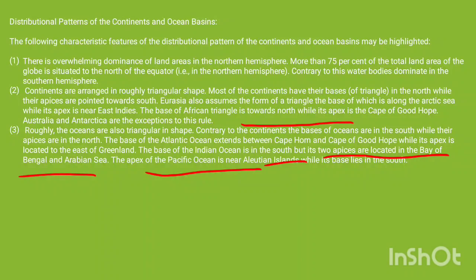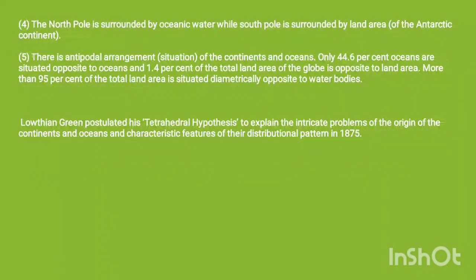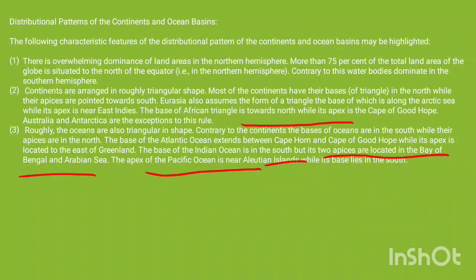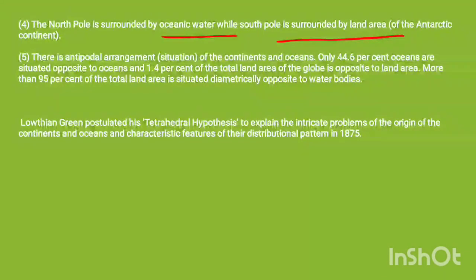Okay, so we can clearly assume that roughly they are triangular in shape. And the North Pole is surrounded by water, while the South Pole is surrounded by land area. Okay, and I already discussed the antipodal situation.